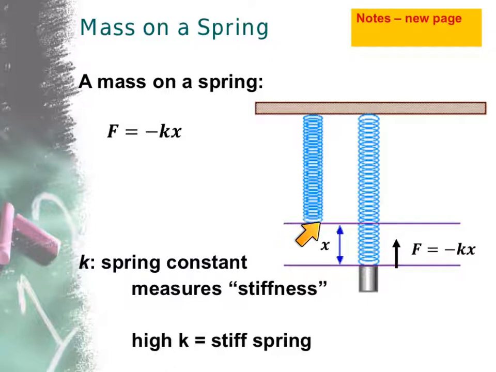So if the mass were at equilibrium right here, and if you were to move it down here, then this displacement from equilibrium would be our distance x.